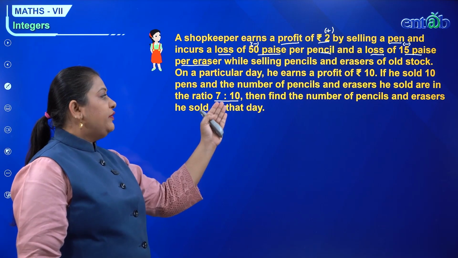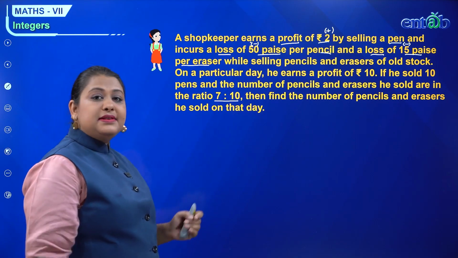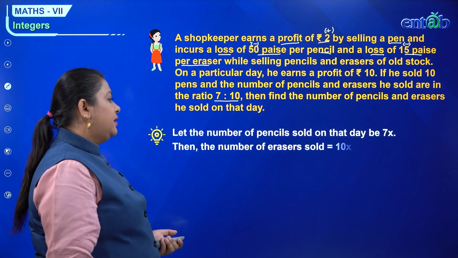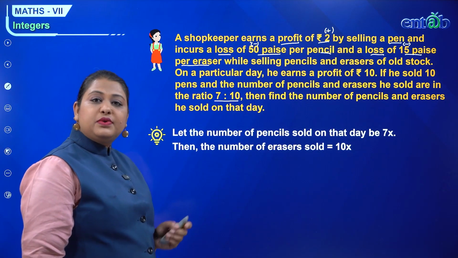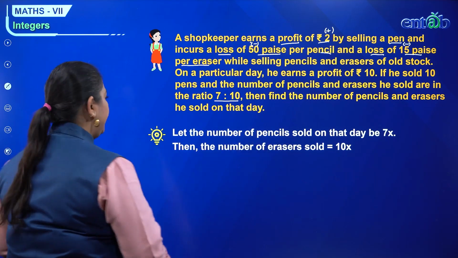Now, we will assume, let's say, that the number of pencils he sold that day be 7x. Then how many erasers would he sell on that day? It would be 10x, right?